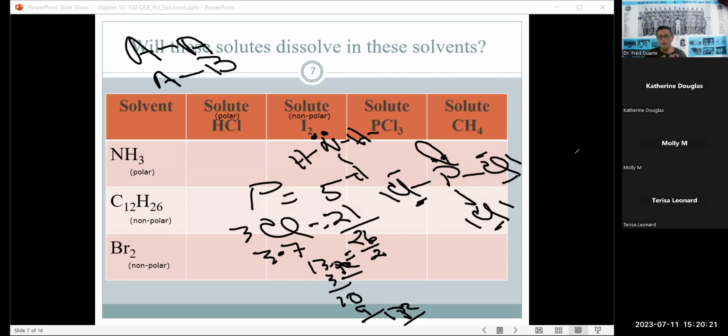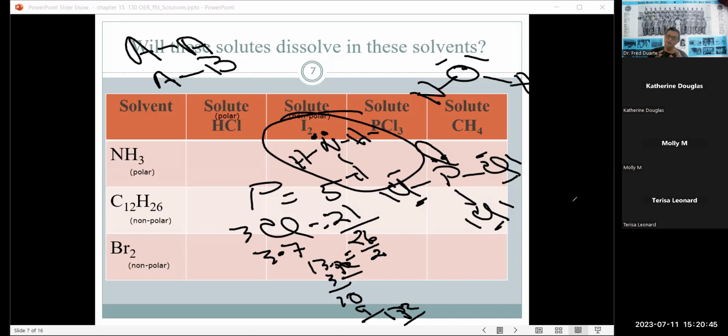Polar. Remember, like ammonia, look at ammonia over here. Ammonia has a lone pair on the central atom. Water has 2 lone pairs on the central atom. 2 lone pairs, polar molecule.